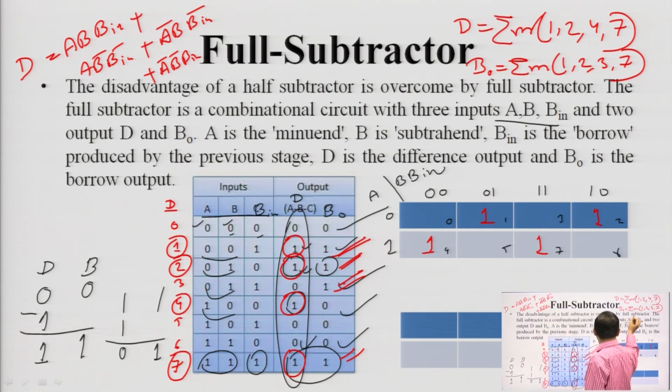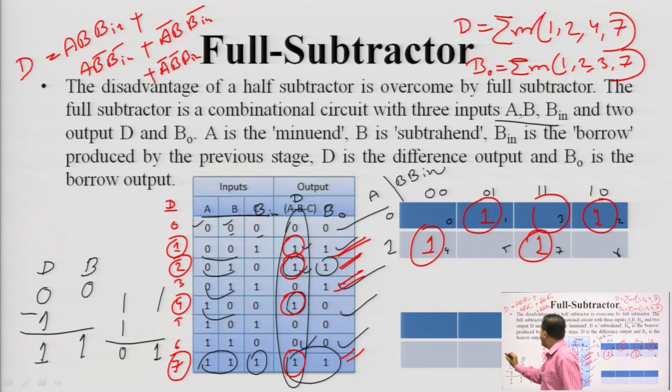This is the minimized form from the K map.